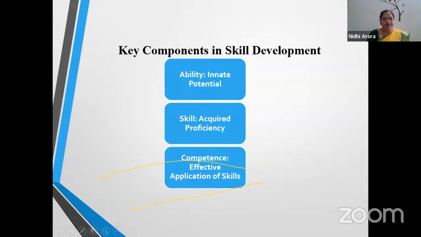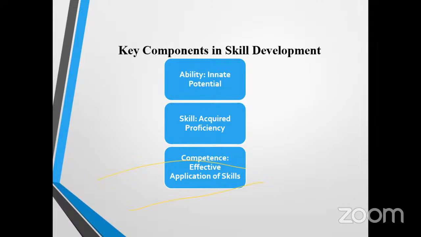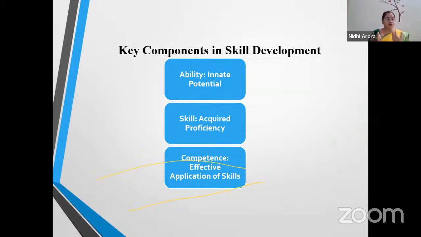Next slide, please. So we have seen that there is a difference between growth, maturity, and development. But there are certain key components in skill development. What are those? Ability. When we talk about ability, the first component of skill development, here ability is in respect to the innate potential.